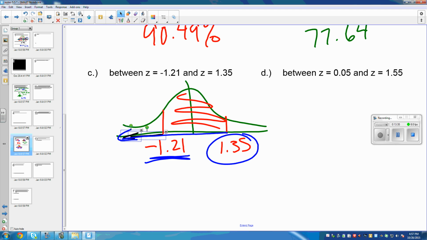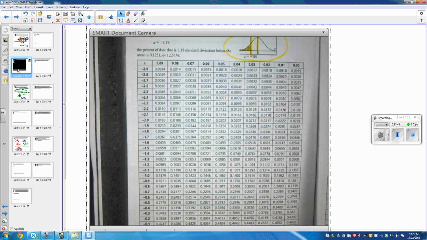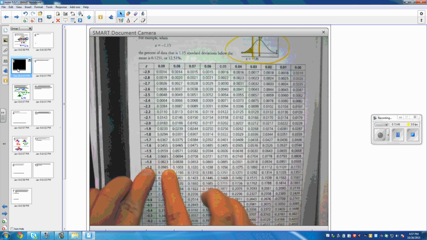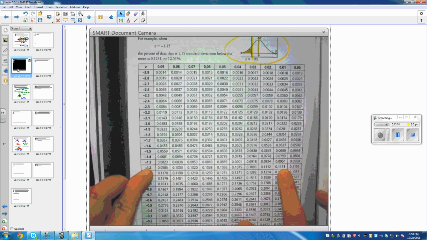So negative 1.21 is all the way over here at 0.1131. Okay. So I'm going to go write this down. 0.1131.